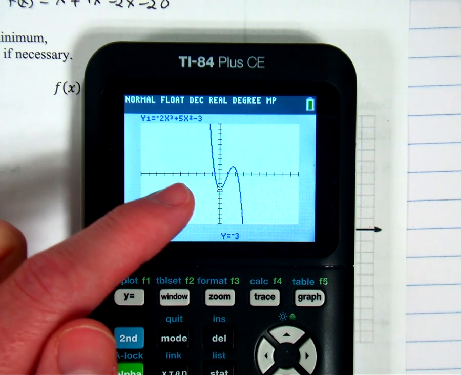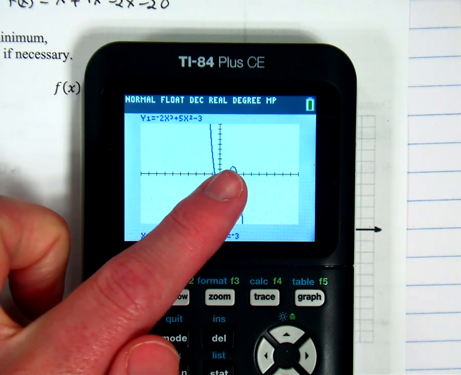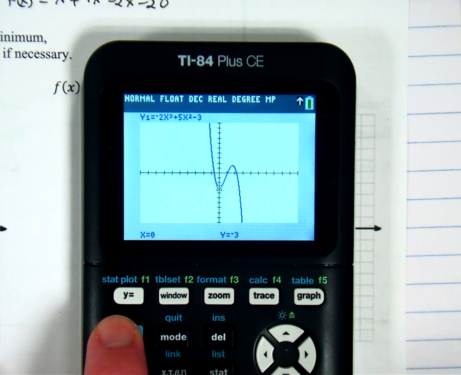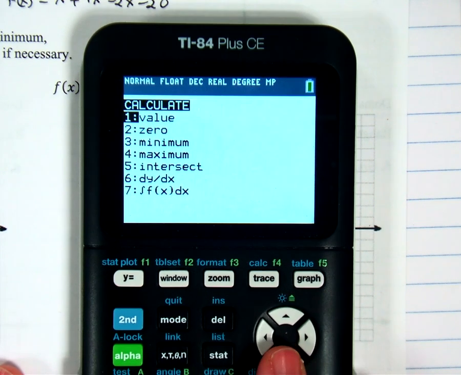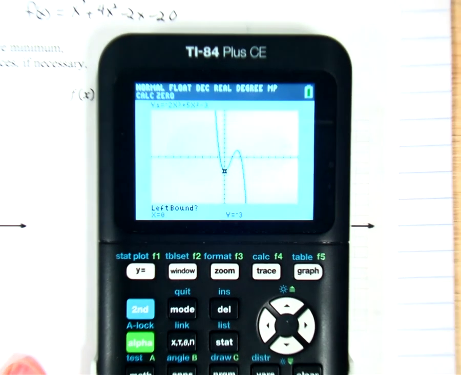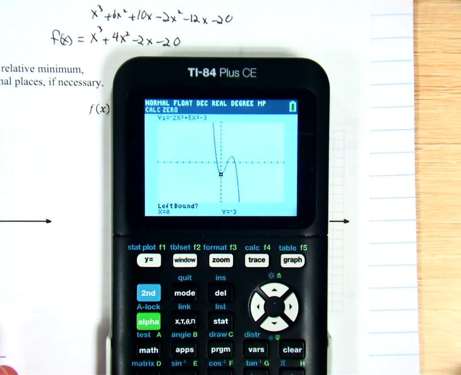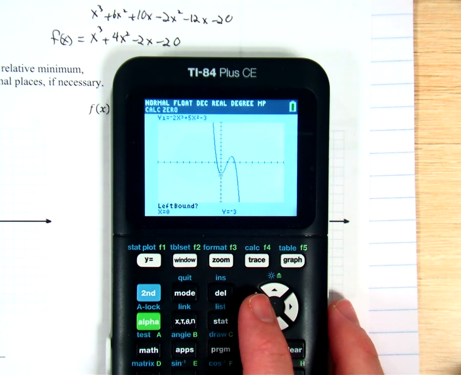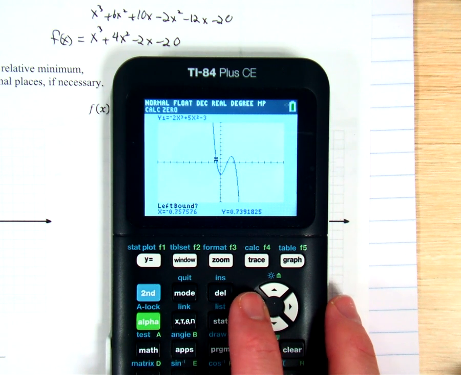Zeros or roots are where we cross the x-axis. Looks like we got 3 of them. Okay? Second, trace, 0. Alright? So, these jump pretty quickly, so we might not get as perfect as we'd like.